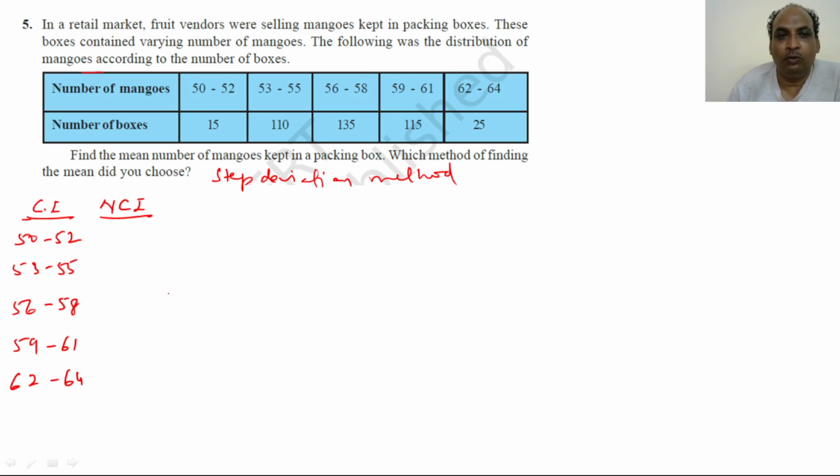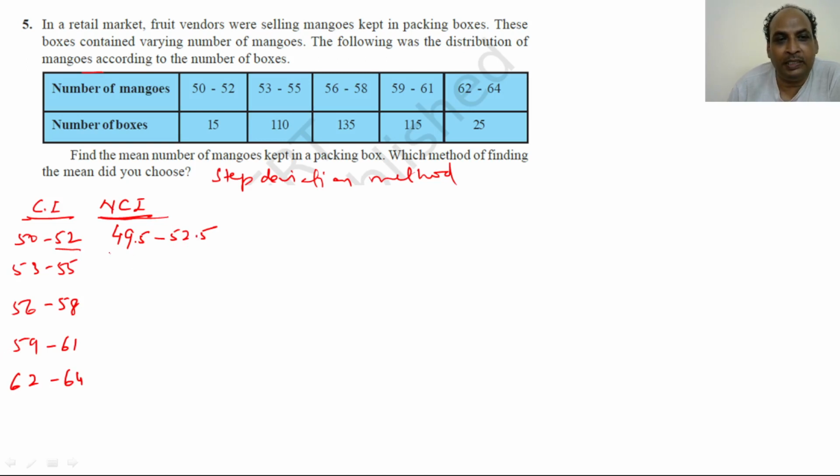What we are going to do now is reduce the lower limit by 0.5, so 49.5 to 52.5, like this. We reduce the lower class limit, 50, by 0.5, and we increase the upper class limit by 0.5.